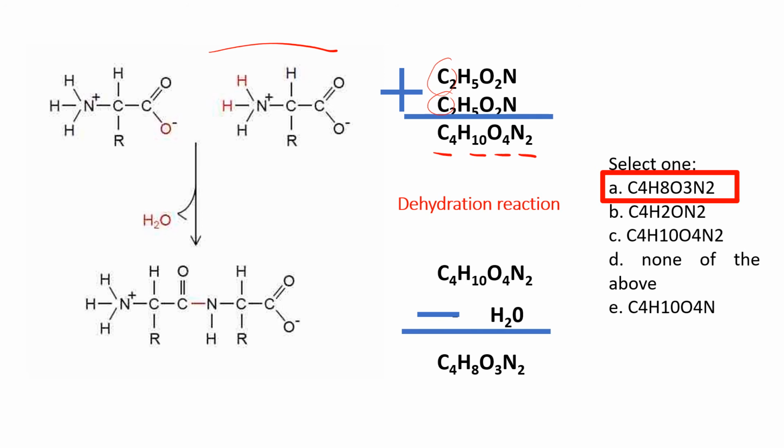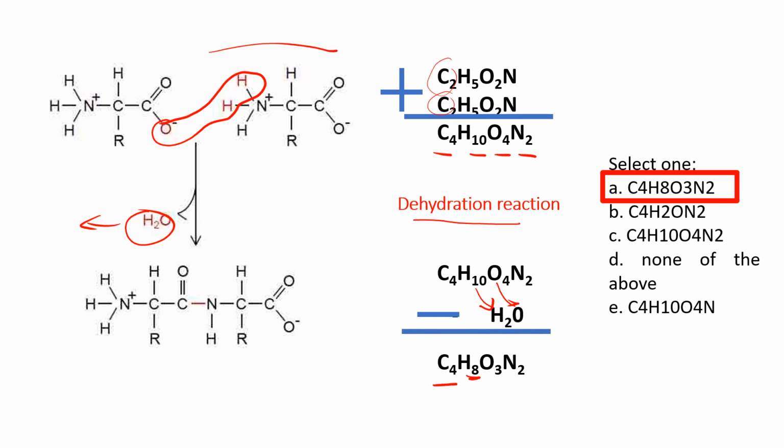I'm just adding because I just have to join these two. However, when I join them, there is something called a dehydration reaction, so I will remove the water. And here this is gone, and as this is gone, I will just have to remove the hydrogen and the oxygen from here. So carbons will be the same. Hydrogen, I have 2 less, so it will be 8 instead of 10.